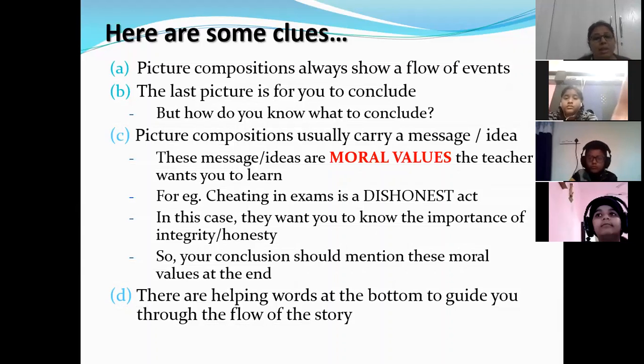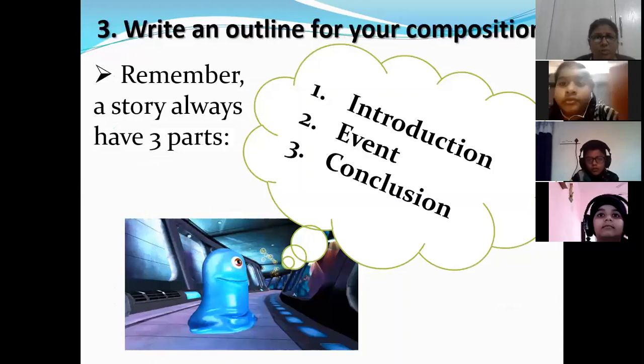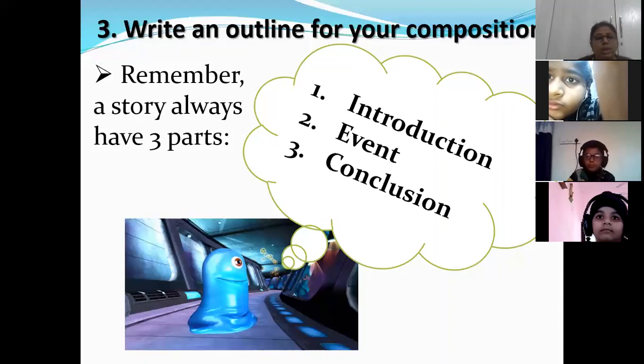Now, there are helping words at the bottom to guide you through the flow of the story. When you write a story, you get some helping words also. With the help of those words, you can write your picture story. Now, the next point is to write an outline for your composition.